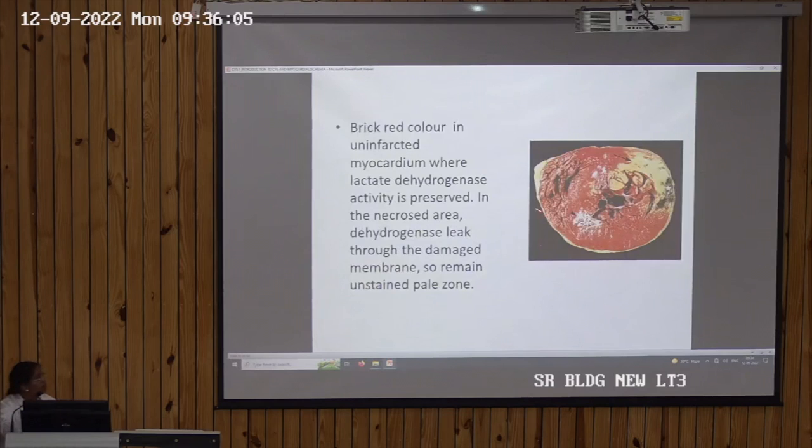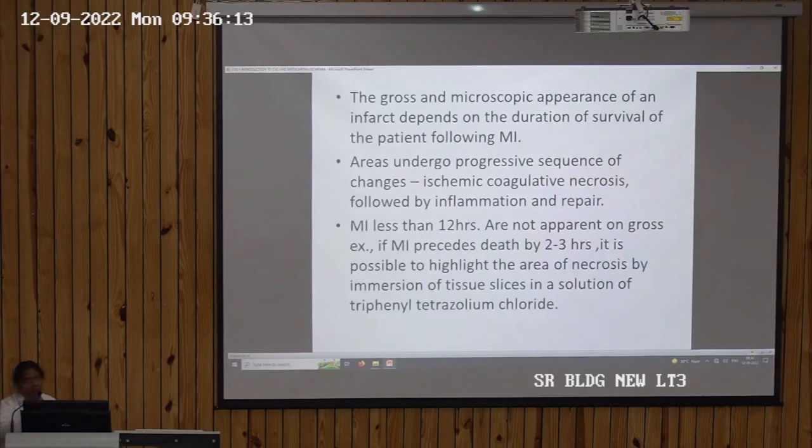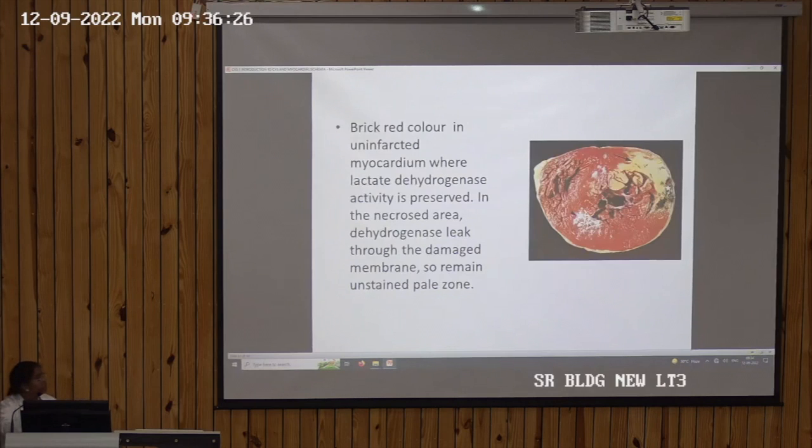Here, if the MI precedes death by 2 to 3 hours, and we stain it with tetraphenyl tetrazolium chloride, if we take a slice of the heart and stain it, we'll see that the uninfarcted area is red and the infarcted area is pale, because in the uninfarcted area the activity of the enzyme LDH, lactate dehydrogenase, is maintained, while in the infarcted area the LDH has oozed out from the cell.